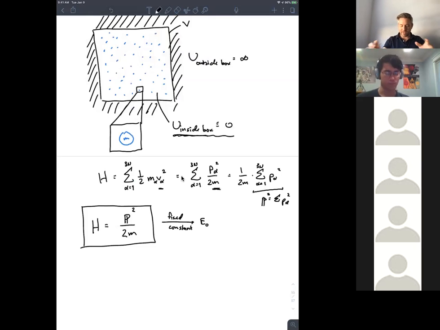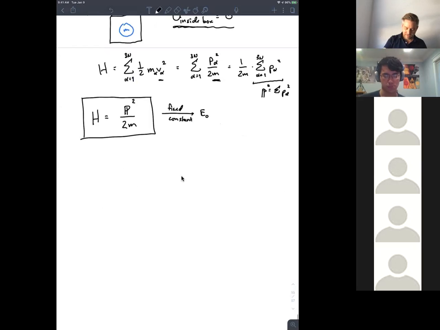Now that we have our Hamiltonian, the question we want to ask ourselves is how many states live between E naught and E naught plus some infinitesimal displacement.